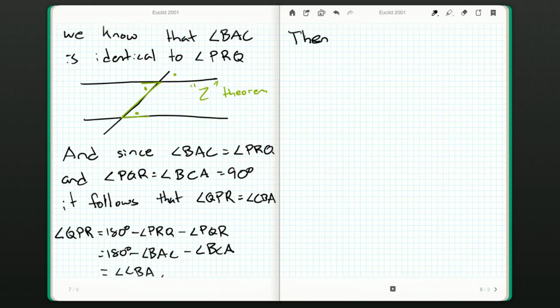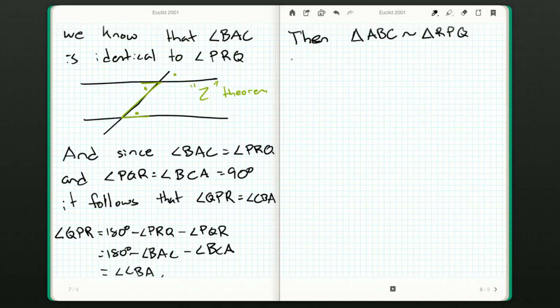So since each pair of angles are equal, we see that triangle ABC is similar to triangle RPQ. Yeah, C and Q have lined up. Okay, we're good. So they're similar. It's fantastic.